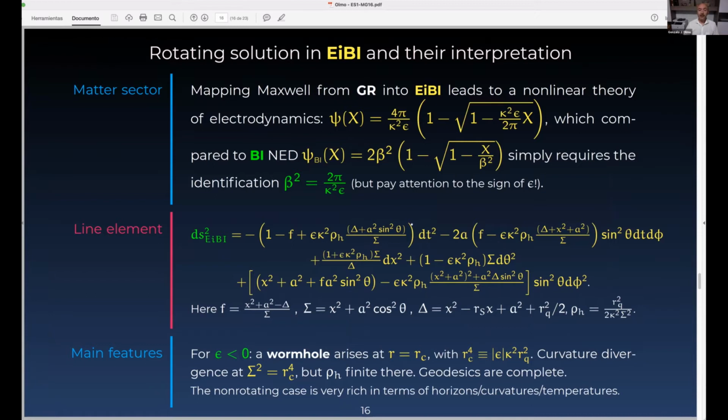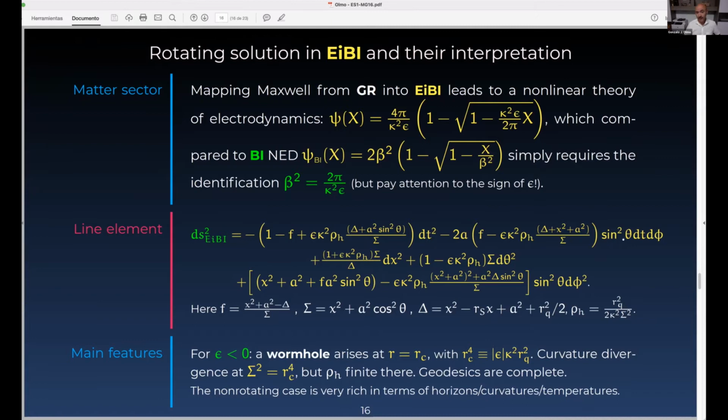The interpretation of these fluids can be done in terms of electromagnetic fields, and you find that since the Kerr-Newman is the result of coupling general relativity to Maxwell electromagnetism, this line element here is the result of coupling Born-Infeld gravity to Born-Infeld electromagnetism. Okay, so this is really a very nice interpretation.